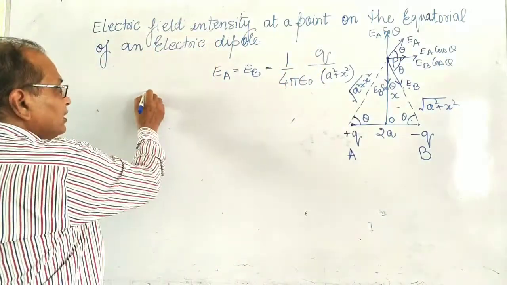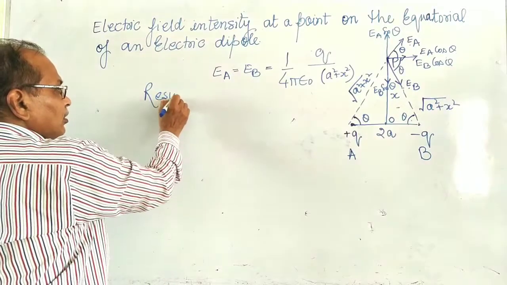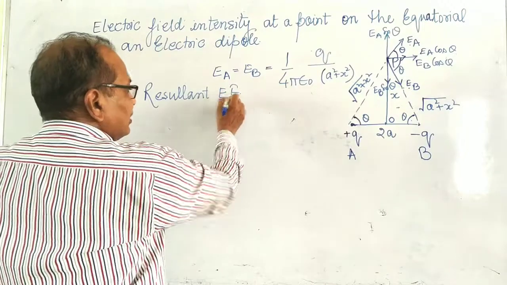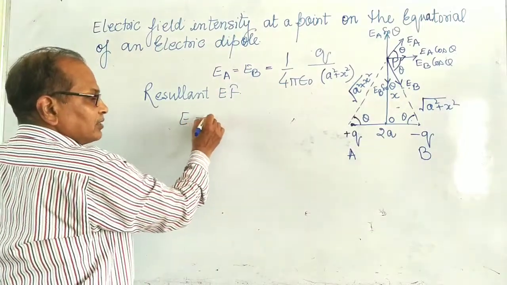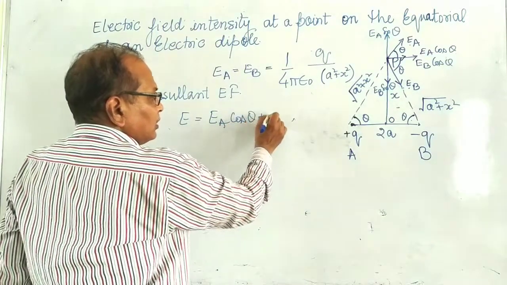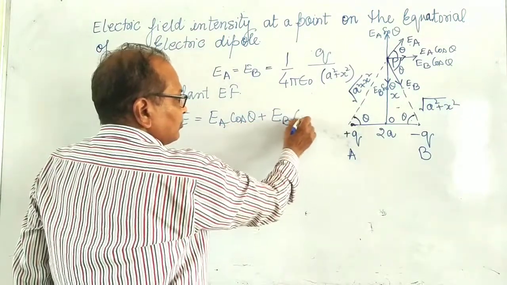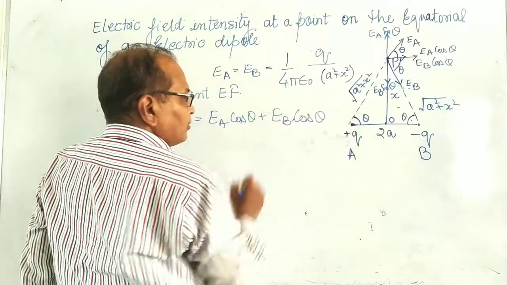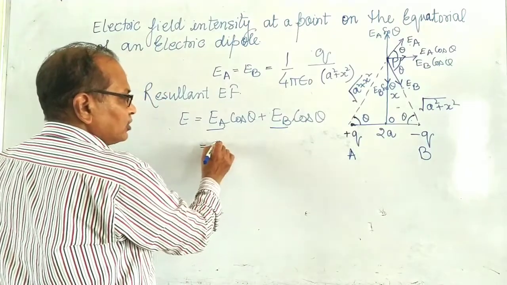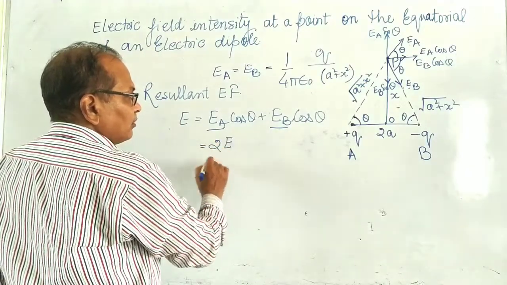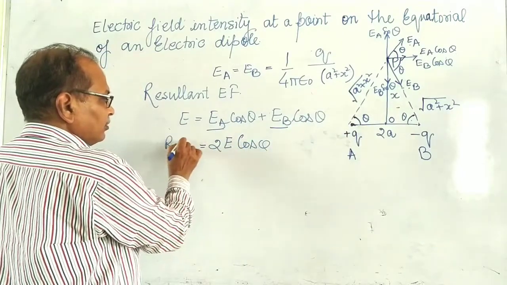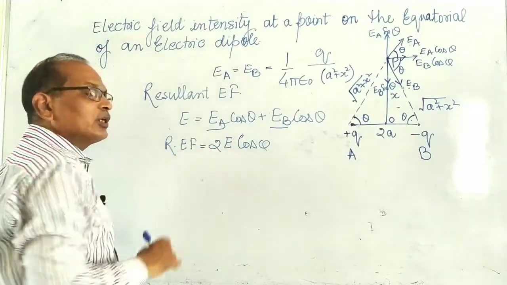Therefore, the resultant electric field E can be written as EA cos theta plus EB cos theta, and both are equal, so you can write it as 2E cos theta. This is the resultant electric field due to the electric dipole.